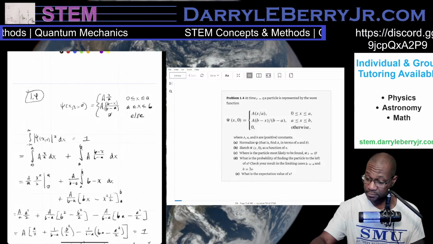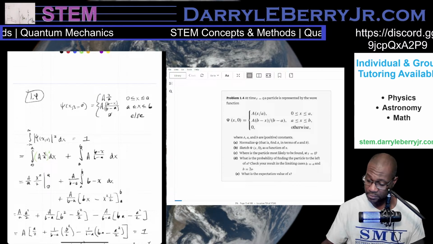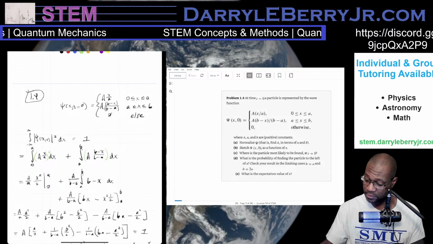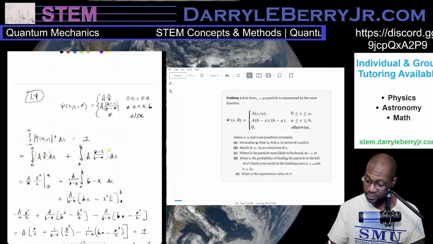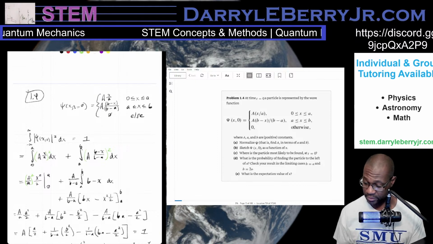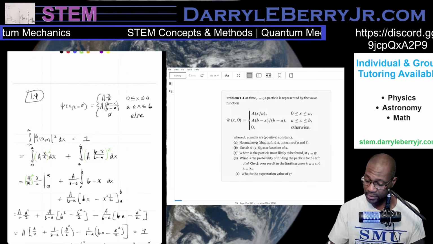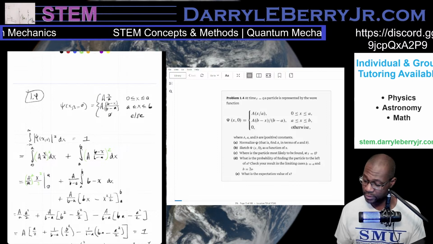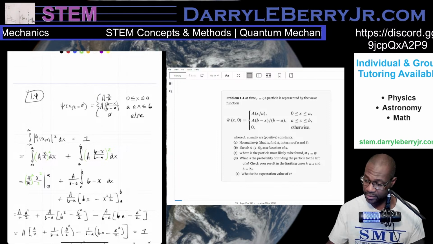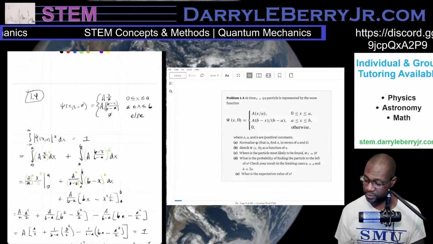So basically, it'll be this squared, this squared. So you'd have a squared over a squared. And then you would have x cubed over 3, a 0. And then you'd have a squared here and this squared. And then you'd have this squared.